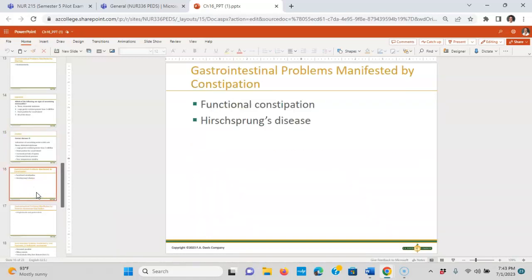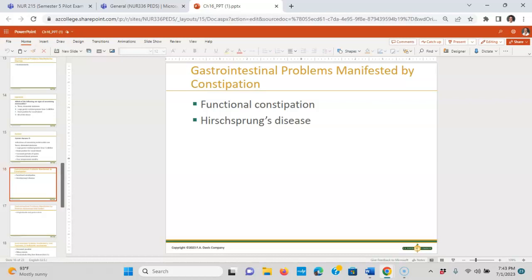All right, constipation. The things that are manifested by constipation. Functional constipation. It's not typically caused by a serious disease. The most common constipation is functional or idiopathic, which means there's no sign of injury, infection, blood, abnormality, nothing.